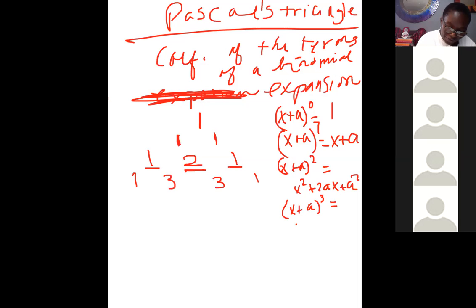So the coefficient of the x cubed will be 1. The coefficient of the second term will be 3, but then the terms are going to be ax squared, okay? The coefficient of the third term will also be 3, and the powers will be a squared times x, and then the last term will be a to the third, and its coefficient will be 1.